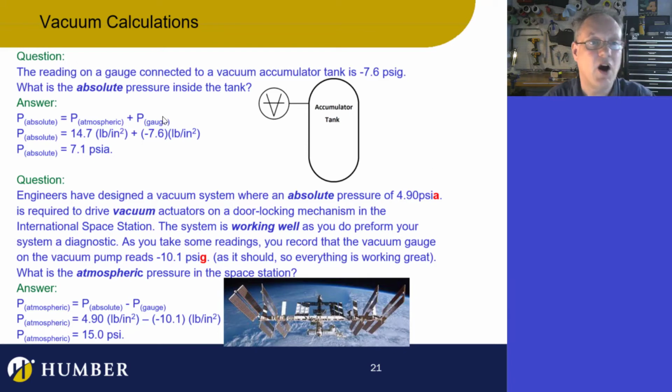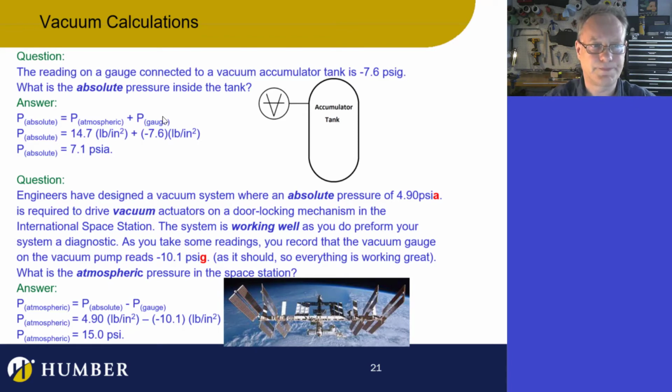The reading on a gauge connected to a vacuum tank is minus 6.7 psi. So that means it's 6.7 less than the atmosphere, whatever the atmosphere is. I mean, we're not on Earth. It's not 14.7, or it could be, but I'm guessing that it's not. Okay, so the gauge says it's minus 6.7 psi, so it's below. So there's definitely a differential pressure there of 6.7 psi.